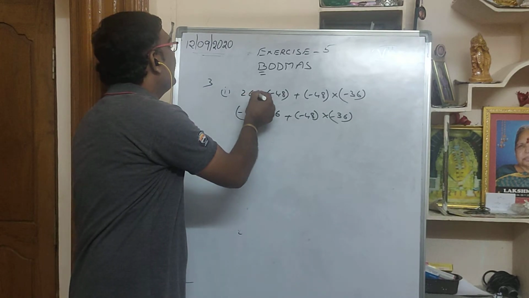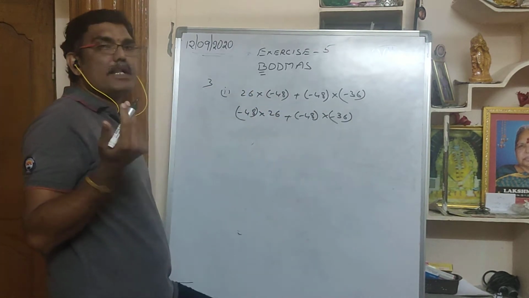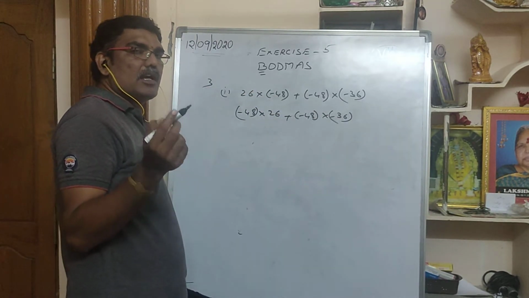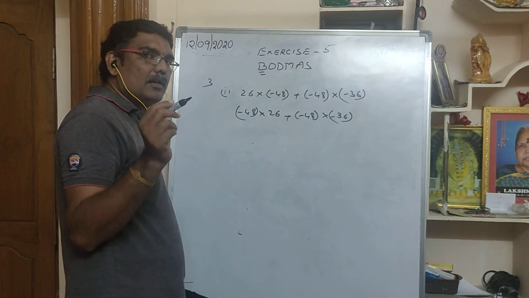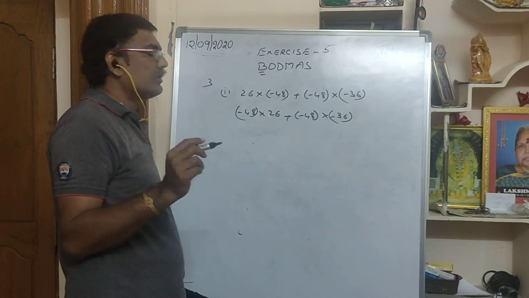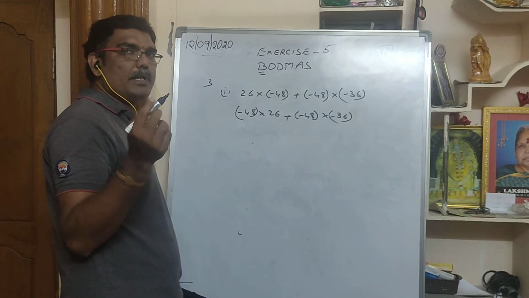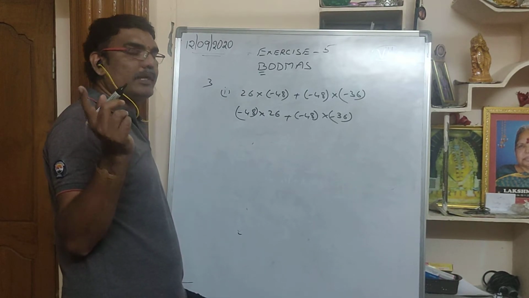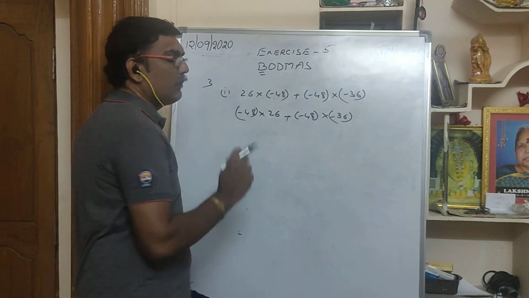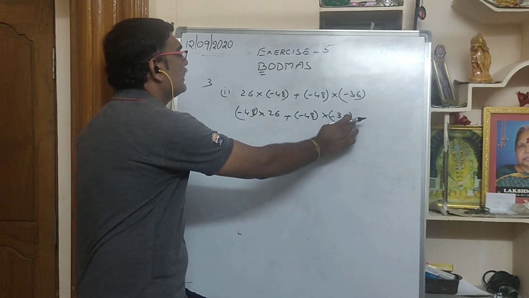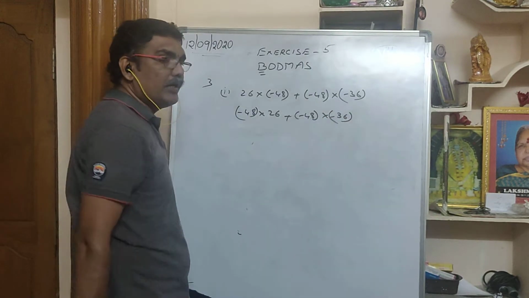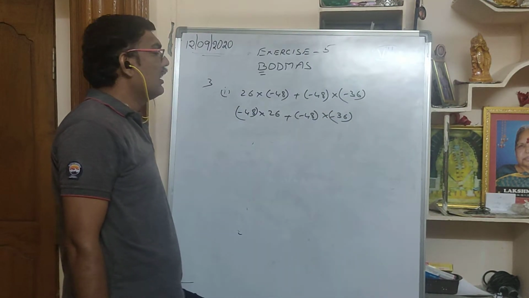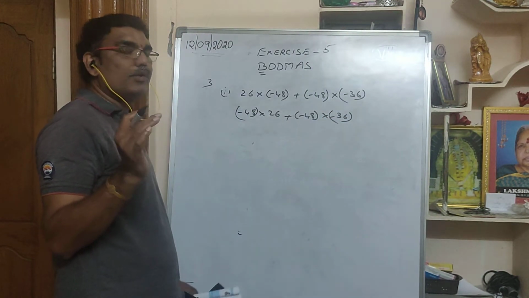From here to here, the property I used is the commutative property under multiplication. What is the commutative property? A into B equals B into A. The same we applied here, and you have to write it. I did not write it on the board, but you have to write in your fair notes that the commutative property is used.